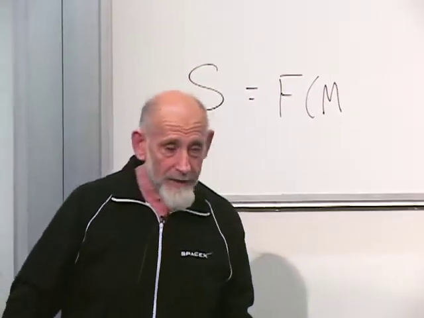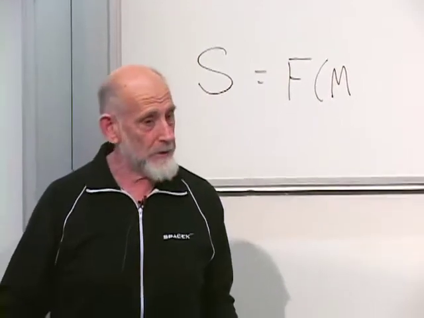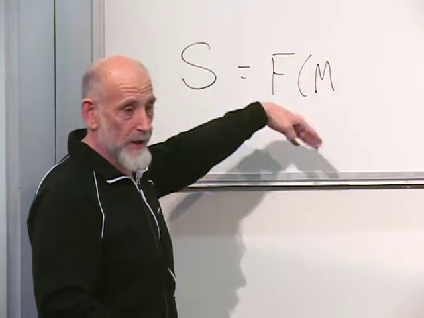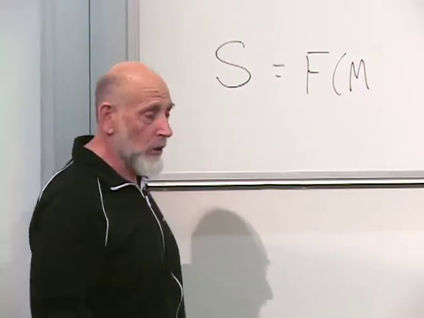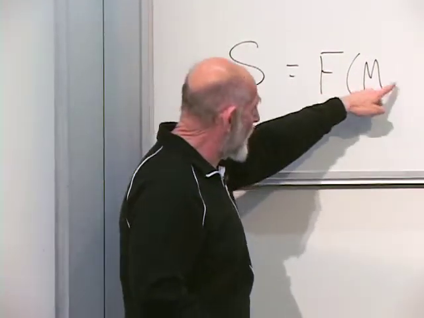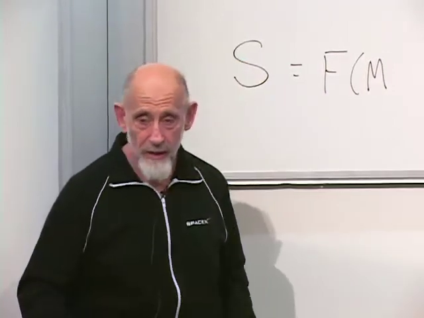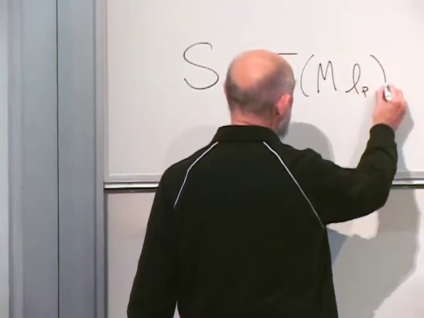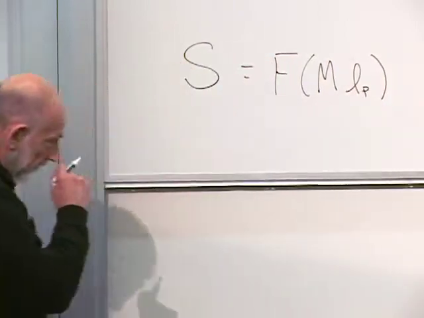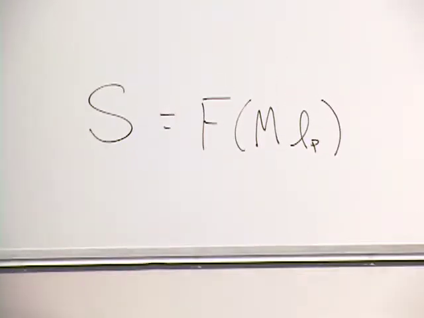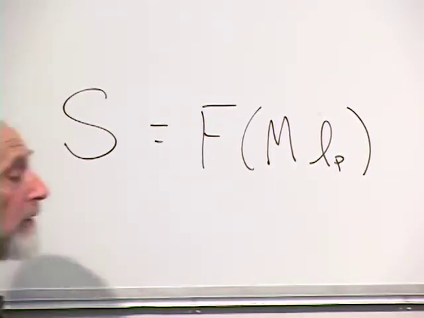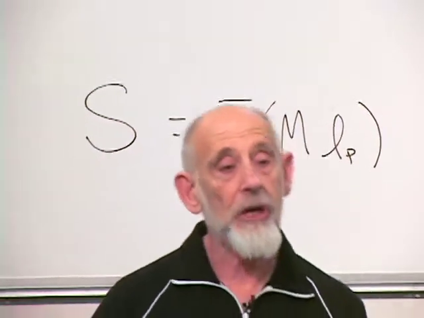There's nothing you can write down that involves only the mass that could give you a dimensionless thing. It can be mass, mass squared, mass cubed, mass 15th power. None of them work. What must you put here in order to get a dimensionless thing? You must put L Planck. Mass times L Planck.